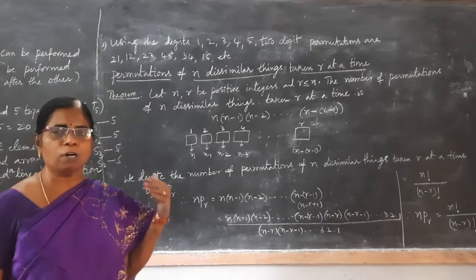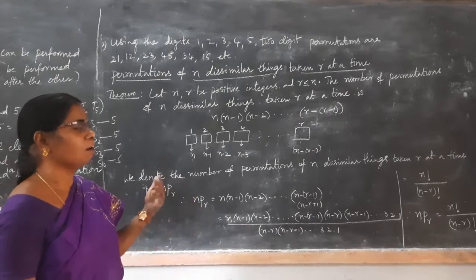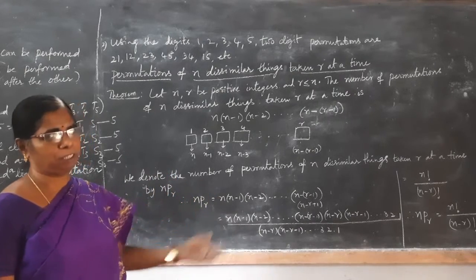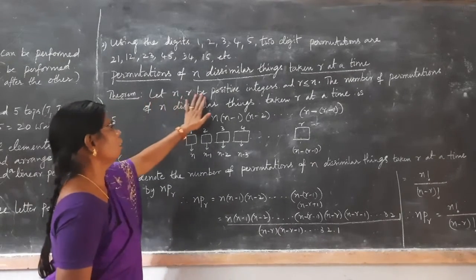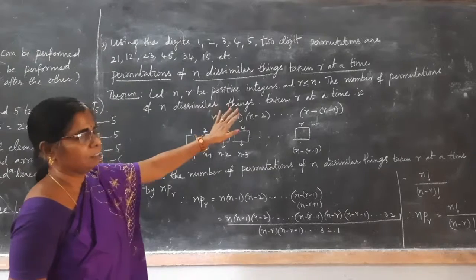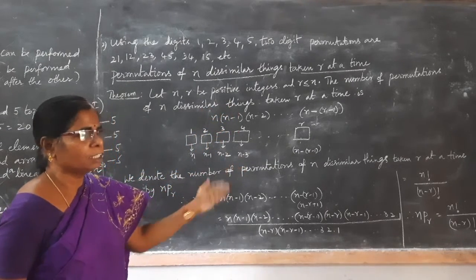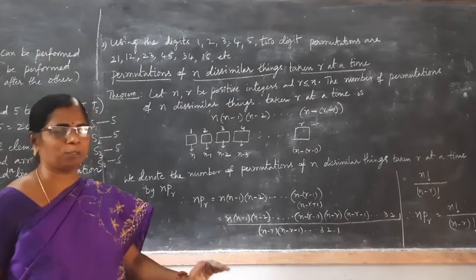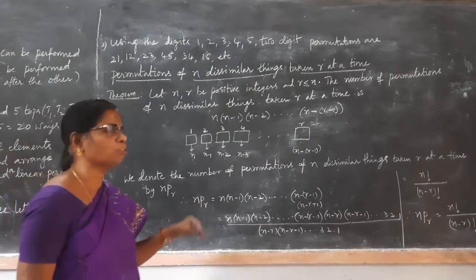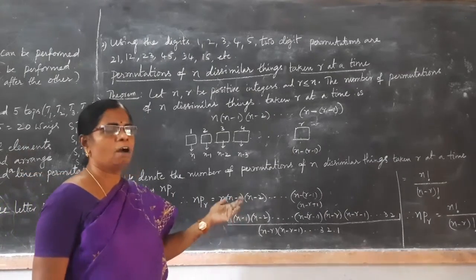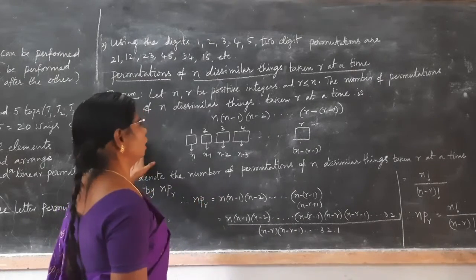We have to count the number of r digit permutations. So see here, let n and r be positive integers and r is less than or equal to n. Why r is less than or equal to n? Because we take r things from n things. Okay, if we take r things from n things, n should be greater than or equal to r, and r should be less than or equal to n. Okay, so that is what it is.